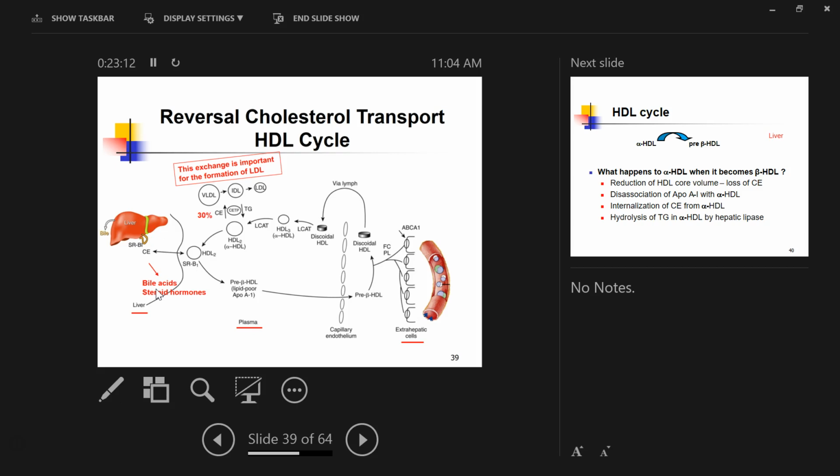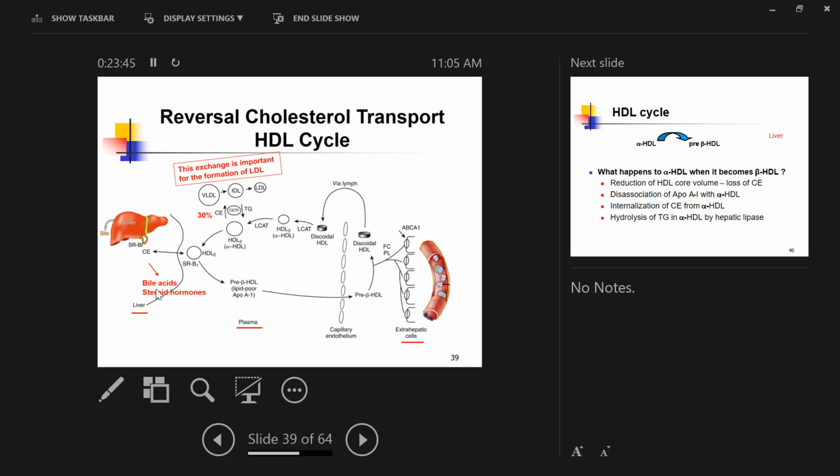And the two lipids transferred from the peripheral cell to the HDL are free cholesterol and phospholipids. So once the beta HDL gets all the lipids from peripheral cells, it becomes the so-called discoidal HDL and is then released into the circulation, right?